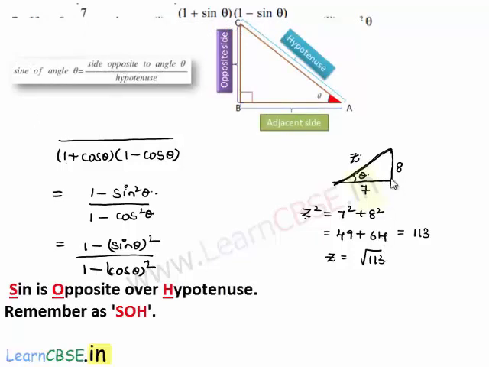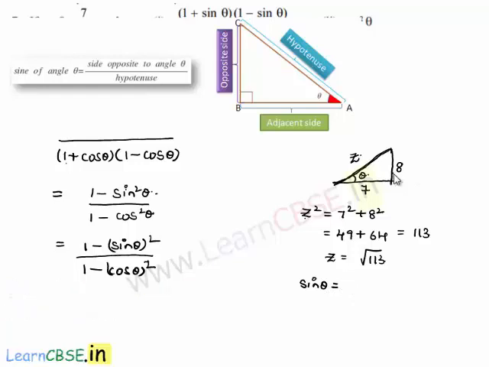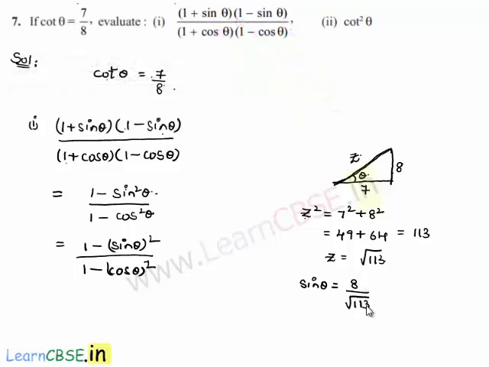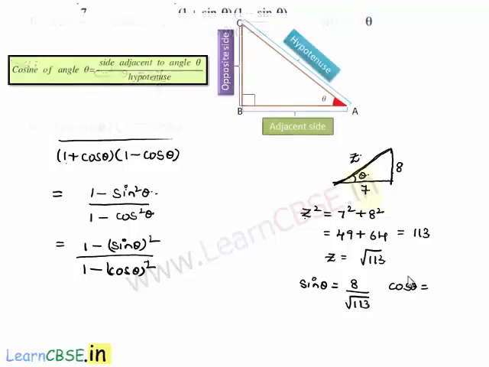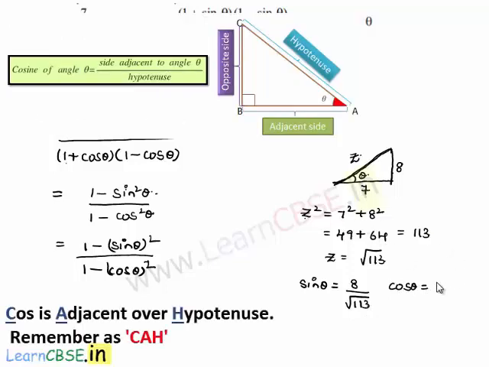Here let us find the values of sin theta and cos theta. Sin theta will be equal to opposite side by hypotenuse, which is 8 by root of 113, and cos theta is the adjacent side by hypotenuse, that is 7 by root 113.